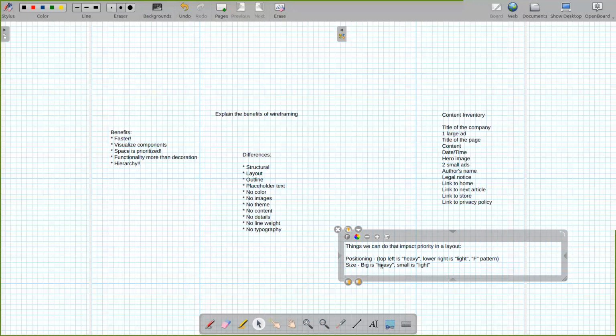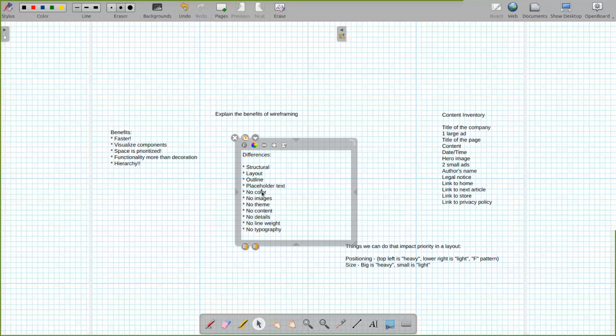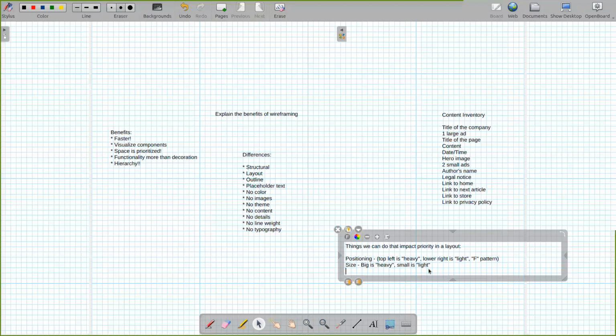Different colors. Oops, so we don't want to do color, although that is the thing that affects layout. What I will say is that you can do value. Value is allowed in wireframes. So we'll call that dark is heavy, light is light.